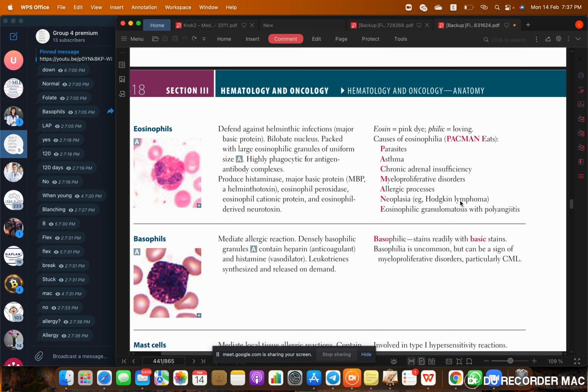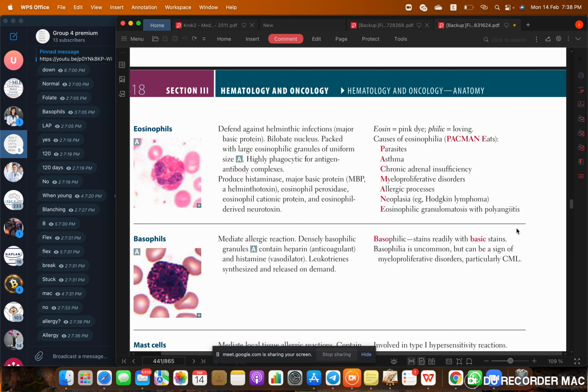Also, in myeloproliferative disorders, especially the myelogenous one, and allergic processes will increase it. Hodgkin's lymphoma, especially the eosinophil-rich type. And eosinophilic granulomatosis with polyangiitis, also known as Churg-Strauss disease. Remember, in Churg-Strauss disease, this patient also had asthma. They also had neuropathy, asthma, and kidney disorder, and one more thing, which was an upper respiratory tract problem.